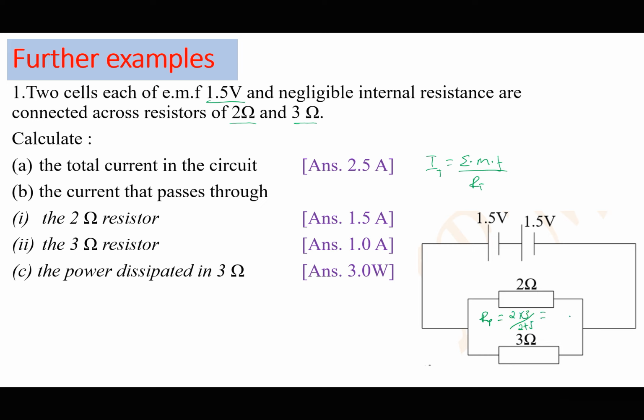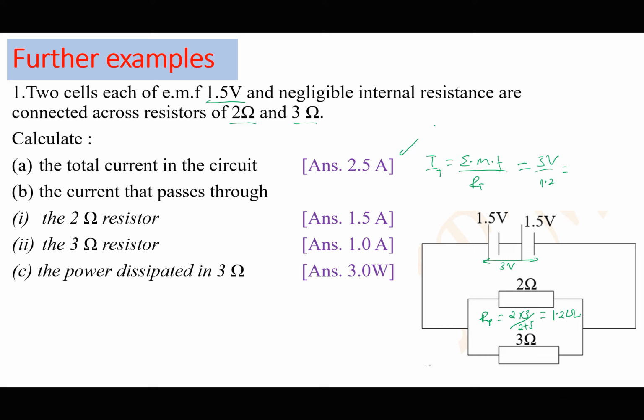So total resistance is equal to 6 divided by 5, which is 1.2. And then total EMF, because the cells are in series, is 3 volts. So this is going to be 3 volts divided by 1.2, which makes this correct.